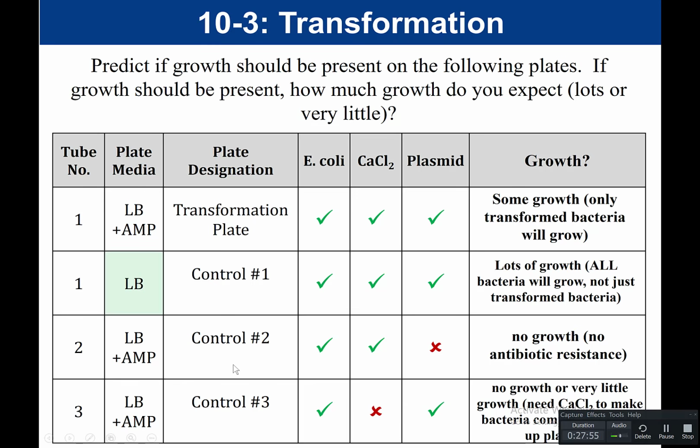Meaning that for this one, like control number 2, notice what's missing from this tube is going to be the plasmid. We expect that we get no growth, right? And that's because the plasmid is what has the ampicillin resistance. If we get growth on this plate, I talked about some of the reasons why you might get that. So for example, maybe your ampicillin is old and it's no longer effective.